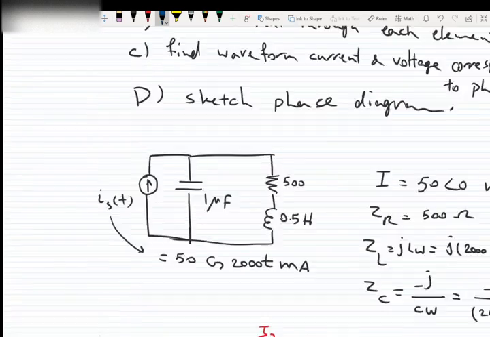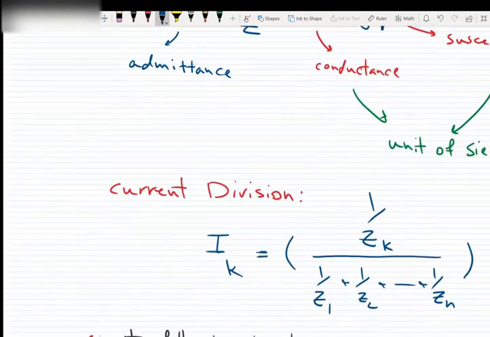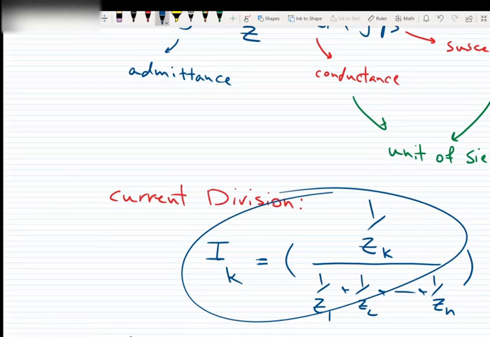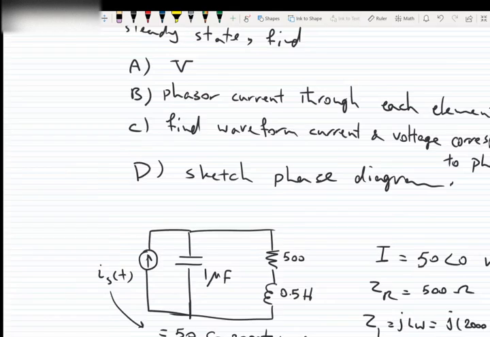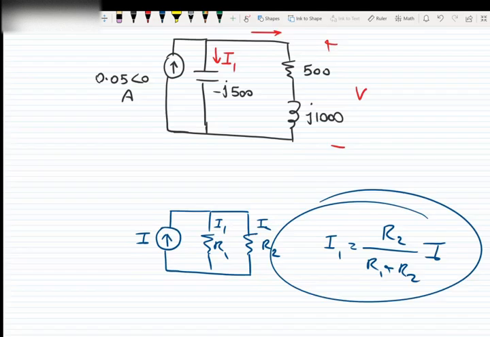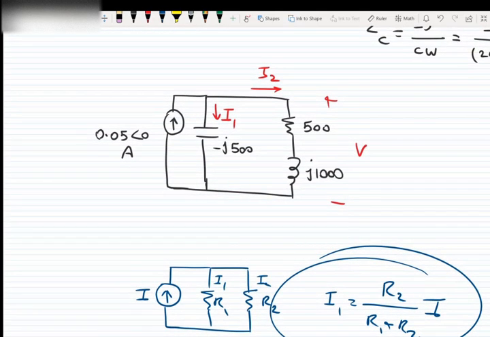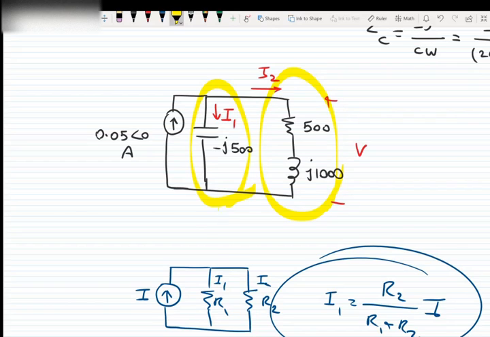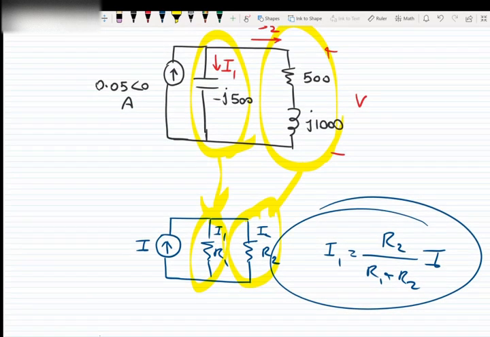Of course, we can use this general equation, or if we have two parallel branches, we can use this shortcut. And here, because we have two parallel branches, we can consider one of them as one branch, the other one as the second branch, and use this shortcut to find the current.